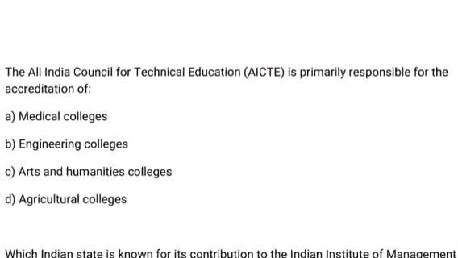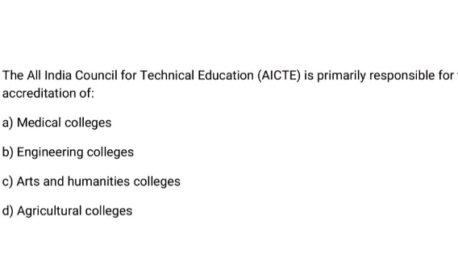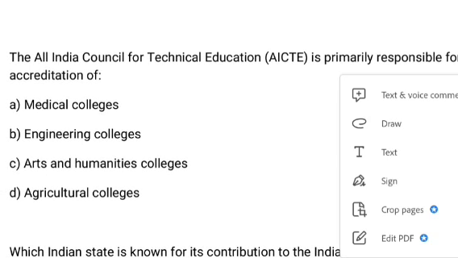Next is the All India Council for Technical Education, in short AICTE. It is primarily responsible for the accreditation of what? Medical colleges, engineering colleges, arts and humanities colleges, agricultural colleges. AICTE, they are intrinsically focused on engineering colleges.